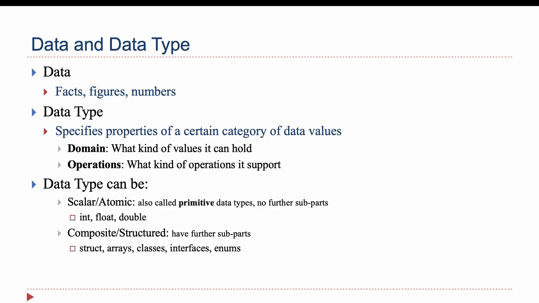On the other hand, composite or structured data types have further subparts. Examples of composite data types include arrays, structures, classes, interfaces, and enums. Structs, for example, are composite data types that allow us to group together related data values. Arrays are another example of composite data types, which allow us to store a collection of values of the same type.